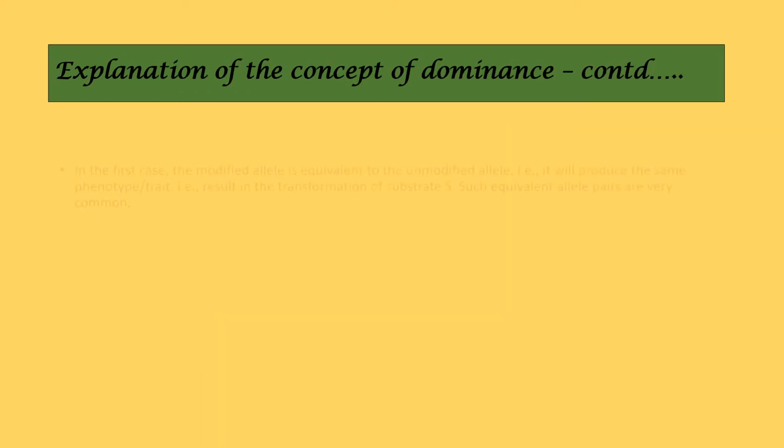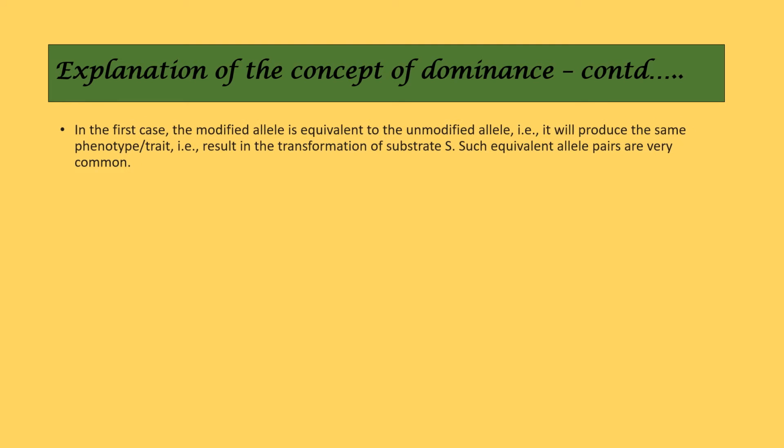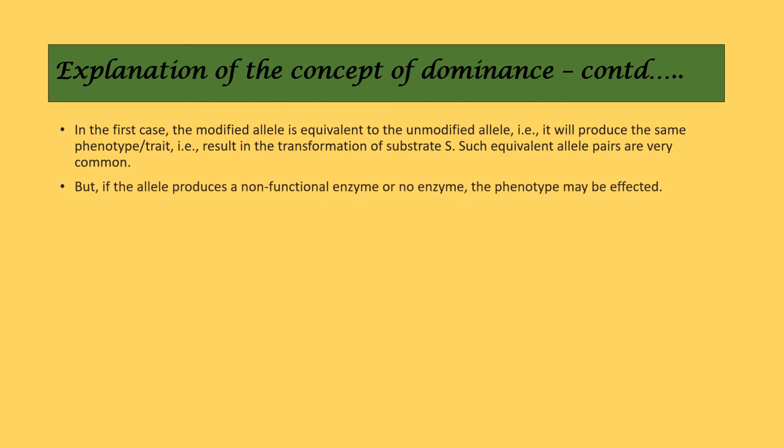In the first case, the modified allele is equivalent to the unmodified allele, that is, it will produce the same phenotype or trait, that is, result in the transformation of substrate S. Such equivalent allele pairs are very common. But if the allele produces a non-functional enzyme or no enzyme, the phenotype may be affected.